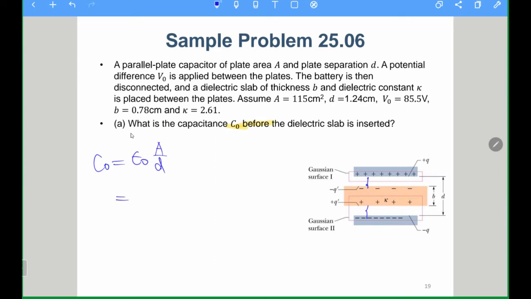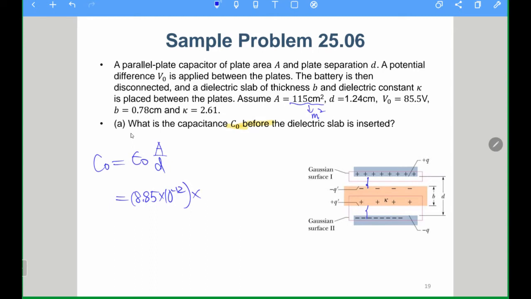So this is 8.85 times 10 to the minus 12, times A, which is this one. But actually, we should convert it to meter squared. 1 meter is 100 centimeters, which is 10 to the 2 squared.